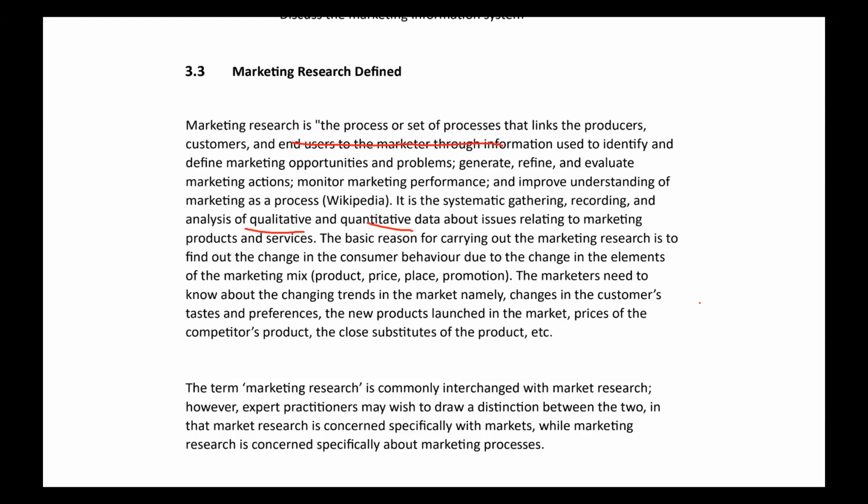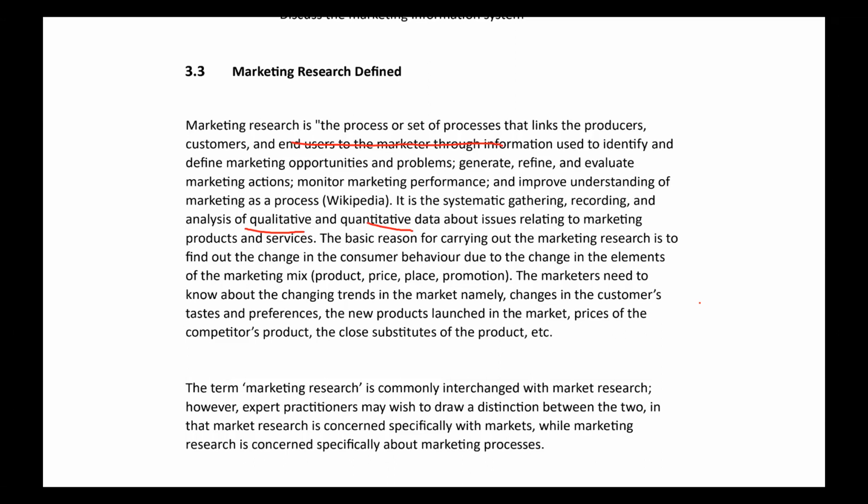The main idea for carrying out marketing research is to find out the change in consumer behavior due to the change in the elements of the marketing mix. That is the product, the price, the place, the promotion.